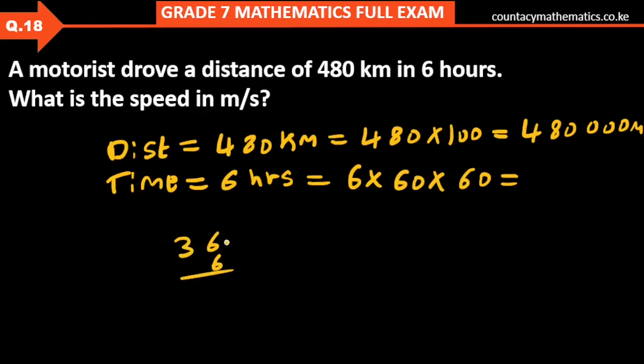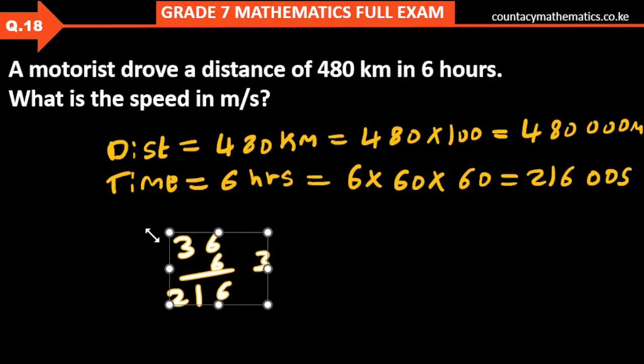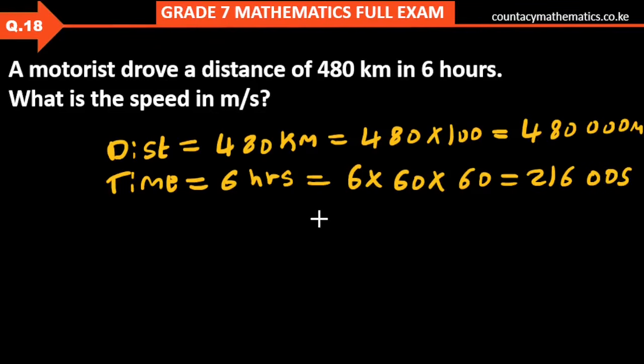I don't have my calculator around, but 6 times 6 is 36, 6 times 3 is 18 plus 3, 21. That is 216. But here we have how many zeros? This is 2 zeros. So it is just 21,600 seconds like that. We might not need to have this, so we remove it like that.